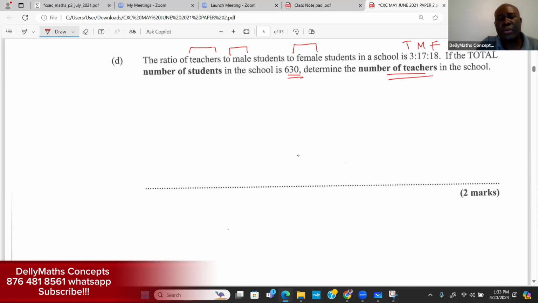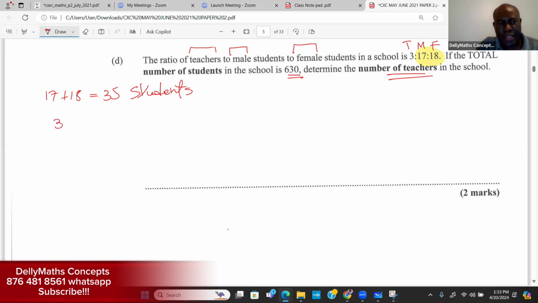So if I'm going to deal with the number of students, right, I'm going to have to look at the proportional part that is allotted to students, which would have been just this part here. So we have to pay attention. The 17 plus the 18 would be dealing with students only. This is for students. The other part was for teachers. So then we can look at this and use it to solve the problem, right?